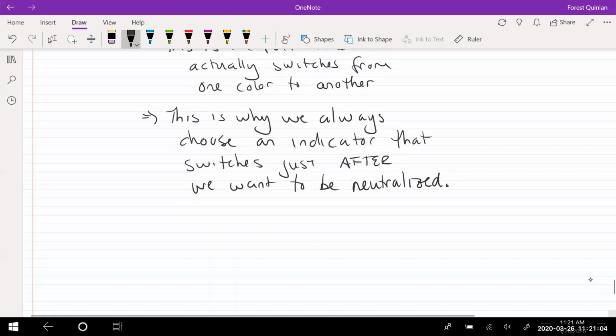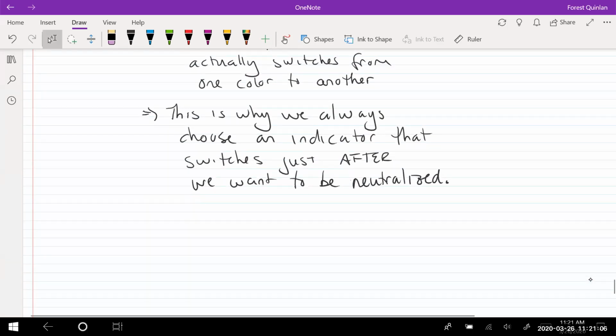Why do we want to choose it after we were neutralized? Well, if you think, go ahead, yeah. Because if it changes, then you know you've gone over that point. Right. If it actually truly changes, we know we're done.